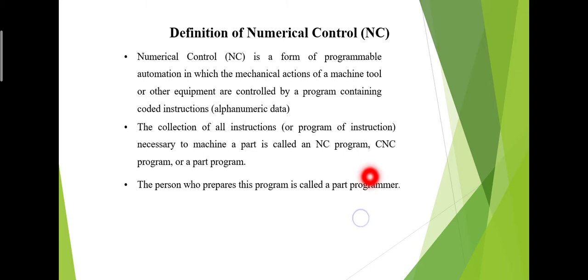An NC machine responds to a series of coded instructions, जिसको हम पार्ट प्रोग्राम कहते हैं, by actuating various drives to the required extent in a desired sequence. A part program needs to be written for every job to be produced. It instructs the machine to operate in a required manner.